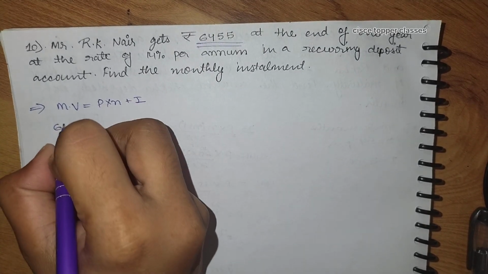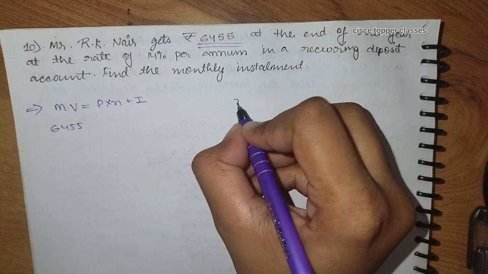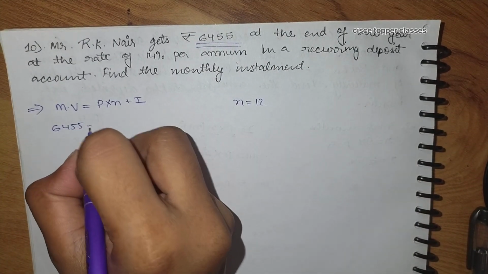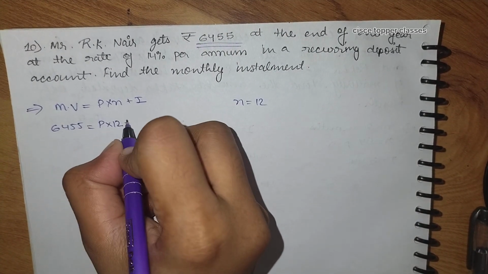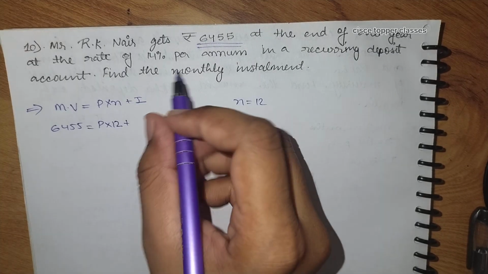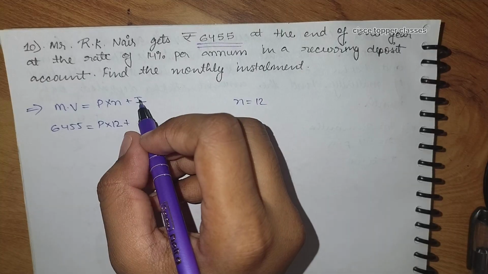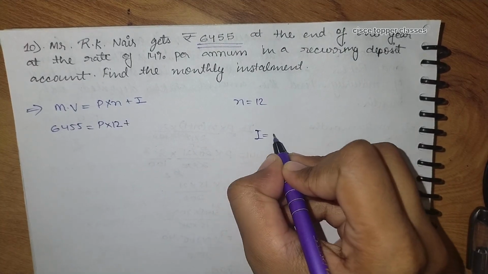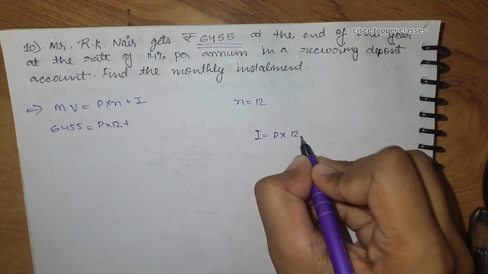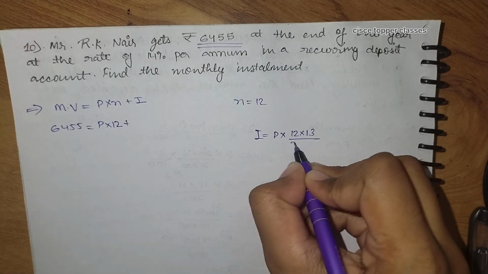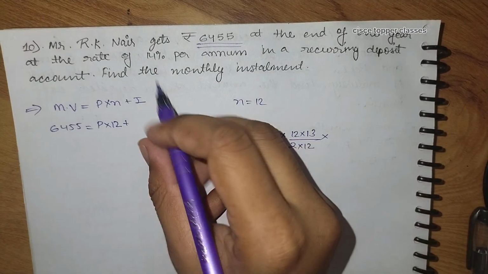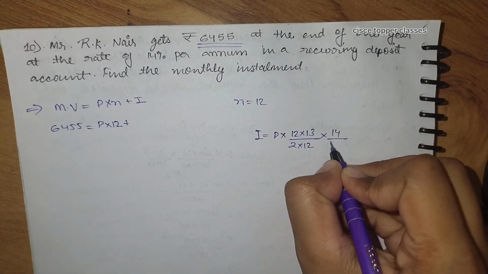So matured value is 6,455. The value of N is 12 months. So this will be P into 12 plus interest. This interest we can also write in terms of P. Interest will be P into (n plus 1) 13 divided by 2 into 12 divided by 12, and the rate of interest is given, so this is 14 by 100.